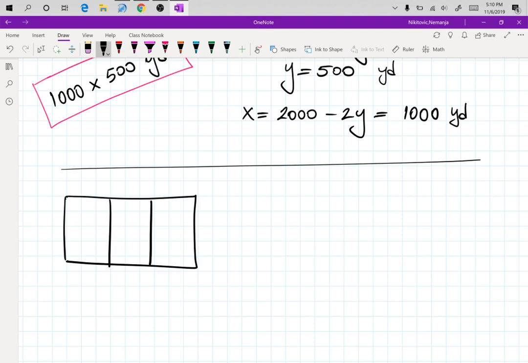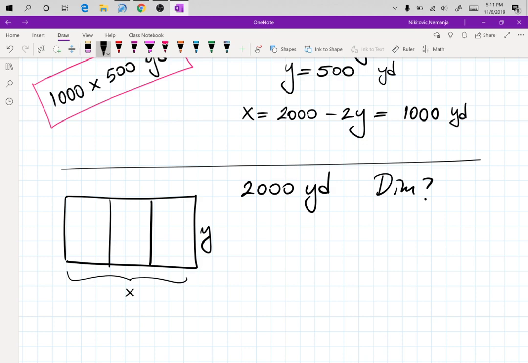Now you can have this against the river, right? So there are a lot of different configurations you can have. So now we're going to call all of this x, this one y. We still have 2,000 yards of fence to play with. What are the dimensions now?